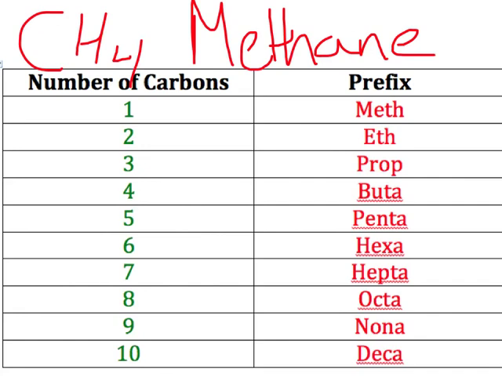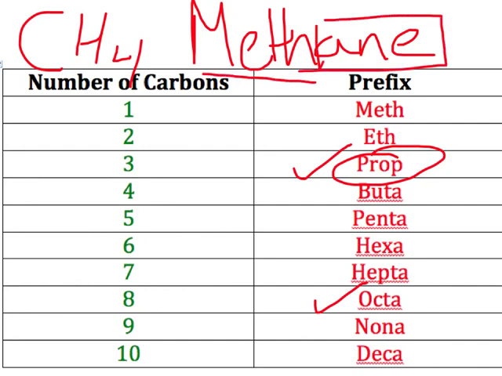Can you think of any other hydrocarbons that end in ANE, like propane? Okay, so propane and octane are actually alkanes. So here's the prefix and here's the ending of the word.